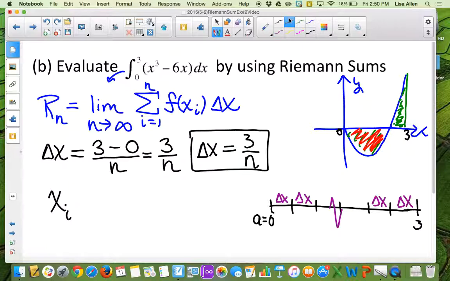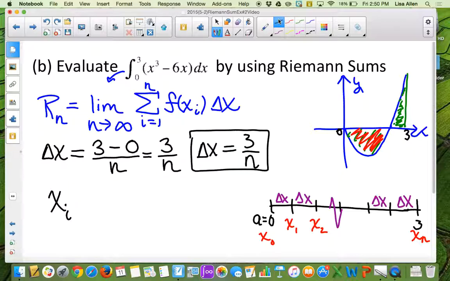In the beginning, I would talk about this x sub 0, if you would. Do I want it to be x sub 0 or x sub 1? I think for the purposes here with a right endpoint, this is going to be x sub 0, and then I'm going to make this x sub 1 and x sub 2. And keep in mind, we're going to go all the way out to where 3 is going to be our x sub n.